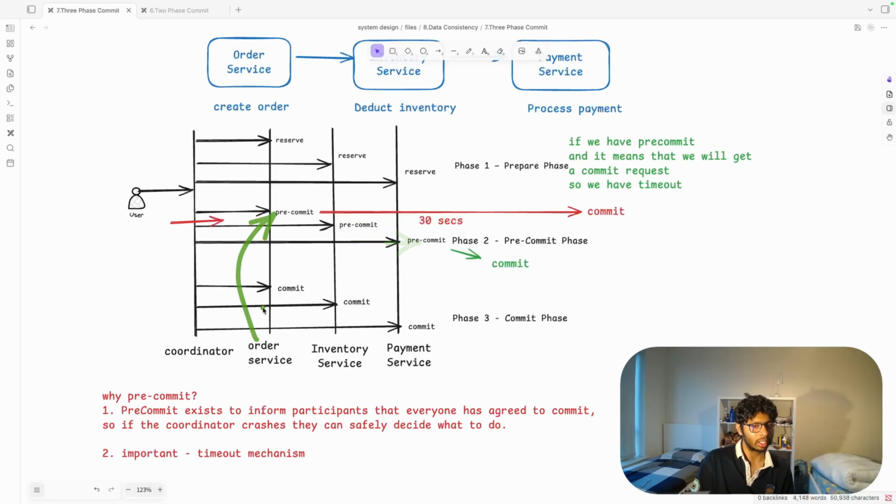They don't have to return anything, they can simply commit after 30 seconds if they don't get a commit request because the coordinator has crashed.